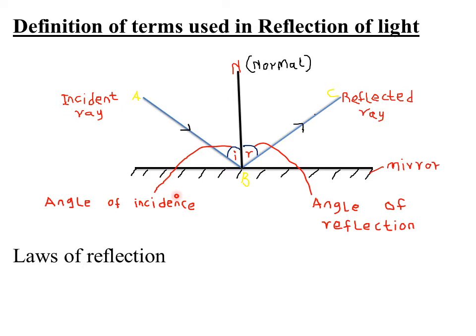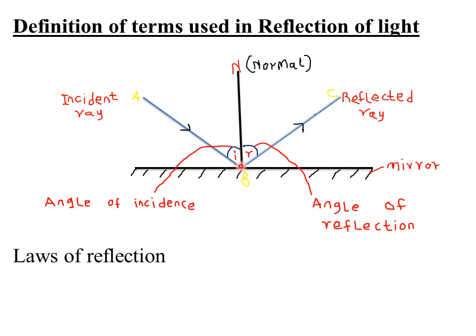So this is what the law says: the incident ray, that is this ray emanating from the source, the reflected ray, this is our reflected ray, and the normal, this is our normal, at the point of incidence.